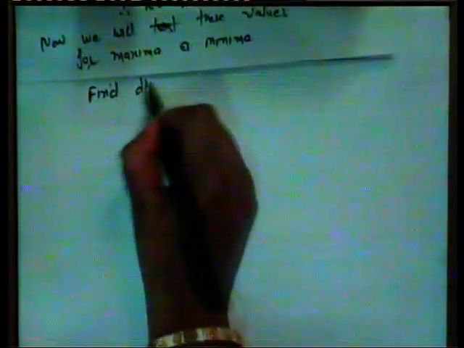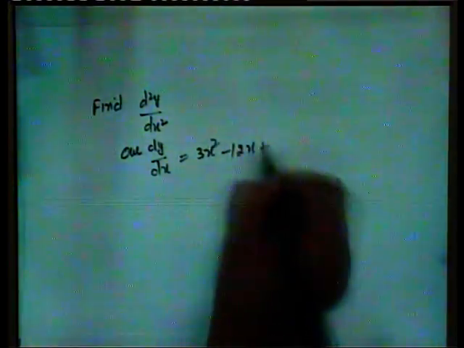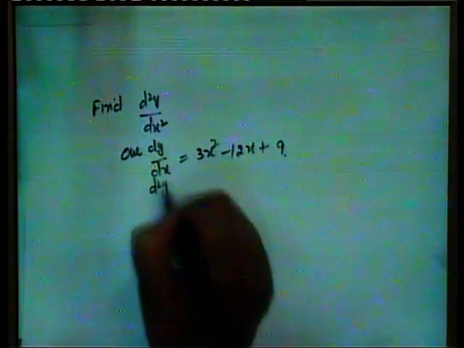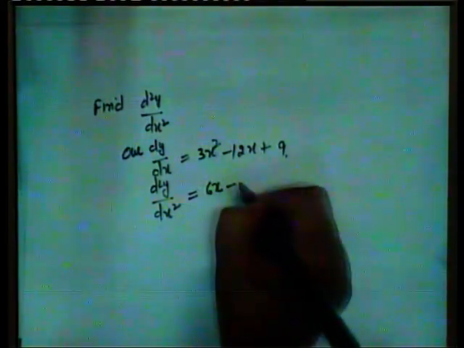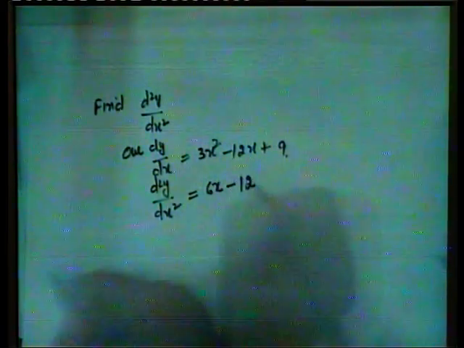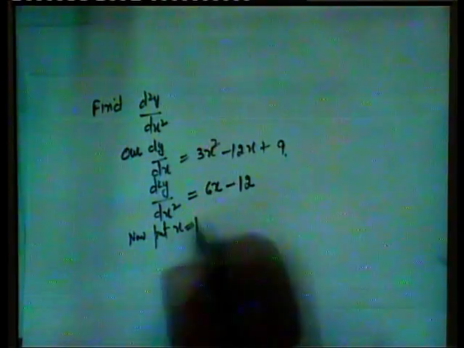For this, find d2y by dx square. Our dy by dx is 3x square minus 12x plus 9. Now, d2y by dx square, again differentiating, it is 6x minus 12. Now, put x is equal to 1.